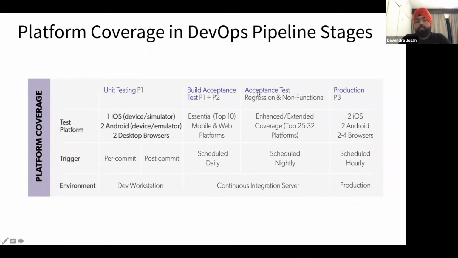And for broader acceptance testing, you should have more devices, because that's where you will get coverage across multiple devices and the assurance that your application works on approximately 80% of the devices available in the market.